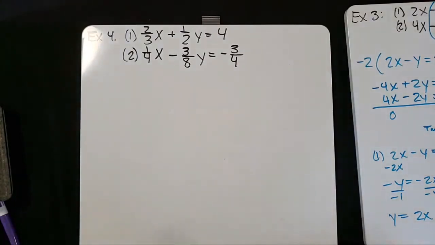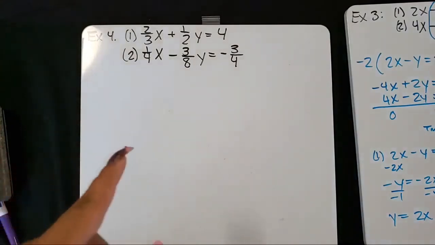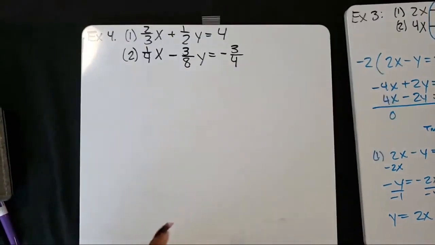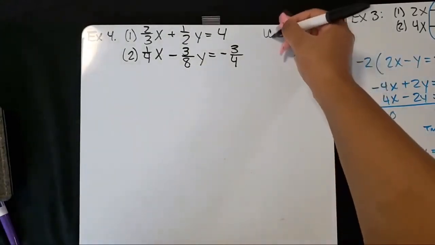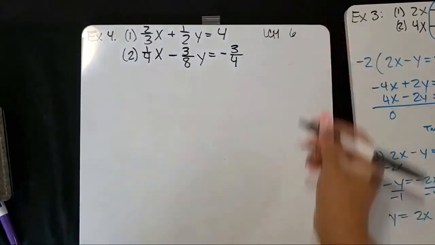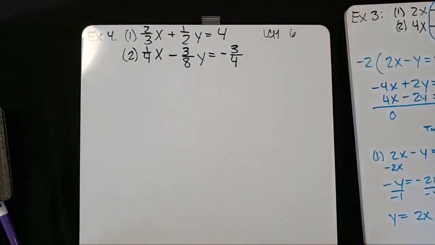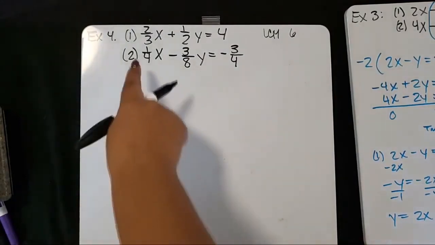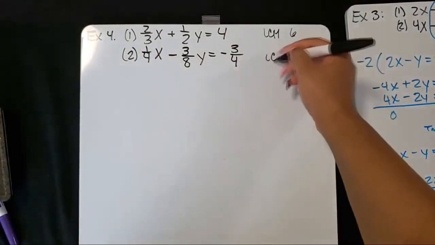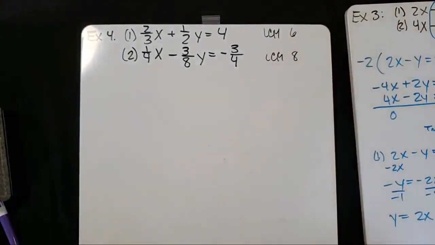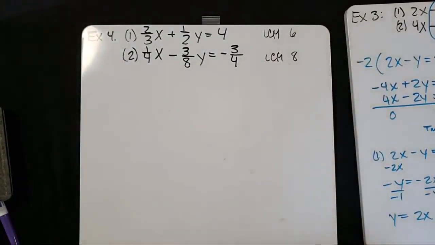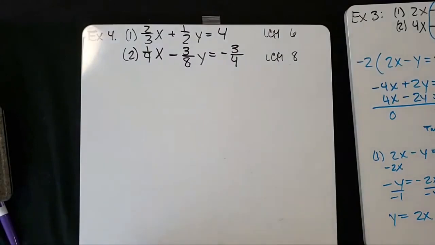So for our first equation, our denominators are 3 and 2. So the LCM of 3 and 2 is 6. For our second equation, we got the denominators 4, 8, and 4. So the LCM will be 8, okay? So the same way as in previous objectives, where we removed the denominator so that we could make our calculations easier by working with whole numbers, that's what we're doing here.